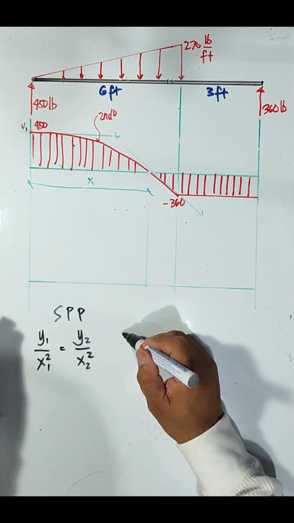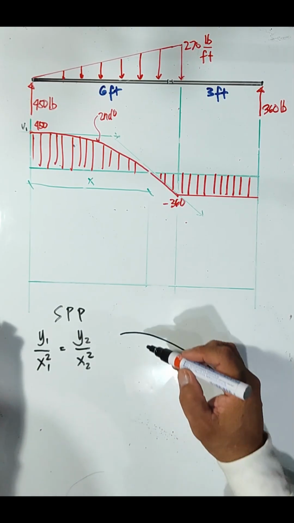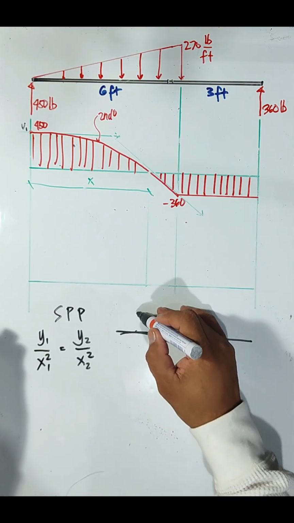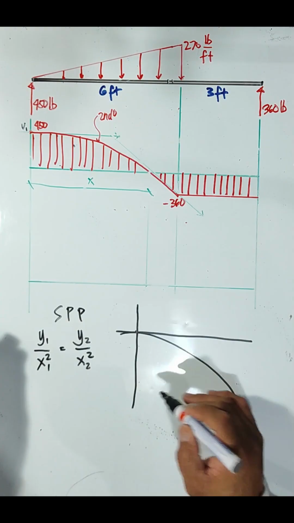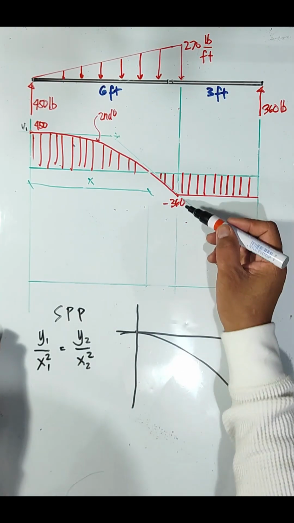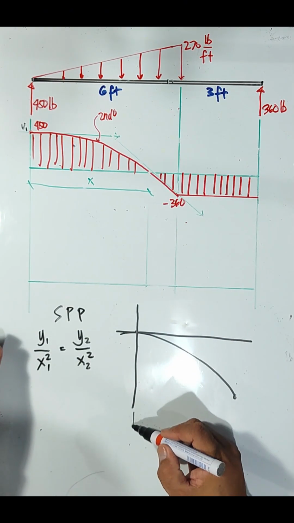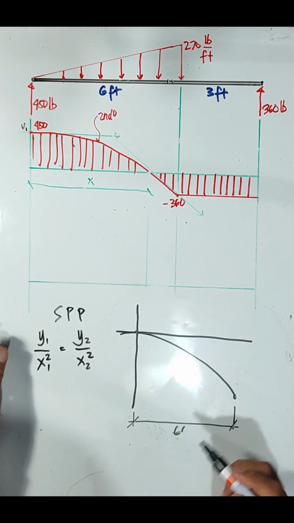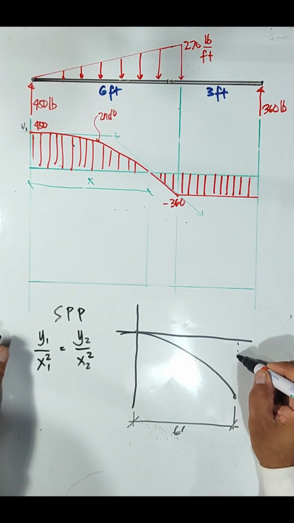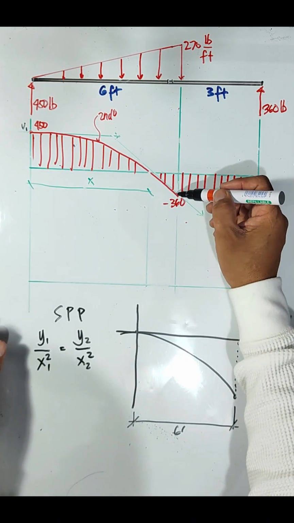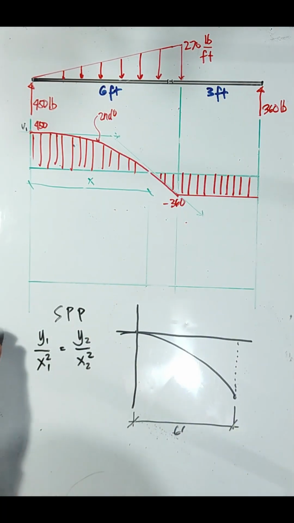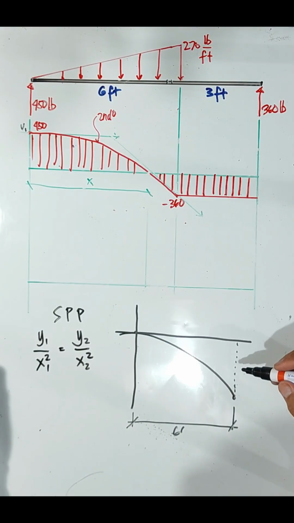So we have a parabola. It looks like this. This is the point where the slope is 0. This distance is 6 feet from here, and the height is a total of 450 plus 360, because we start from here going down, so this will be 810 pounds.